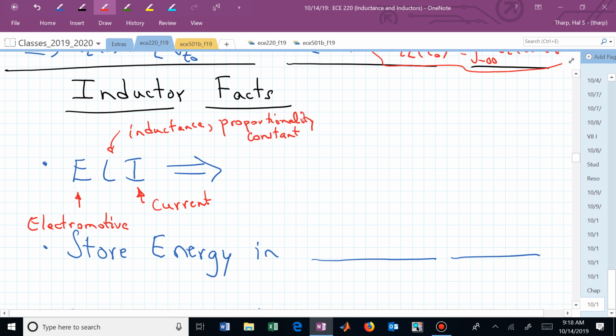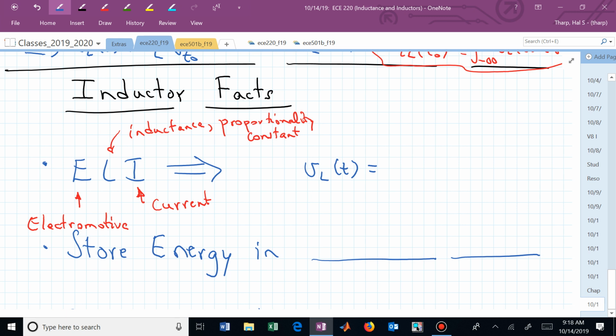Why do you need to learn Eli or think about Eli? It gives you the order, if you've forgotten how the current and voltage are related in an inductor. Now you can say Eli, and you can go, oh, the first letter, which is voltage, corresponds to what's on the left-hand side of the equality sign. Boom, there's E. The next two, L and I: L is going to be the proportionality constant.